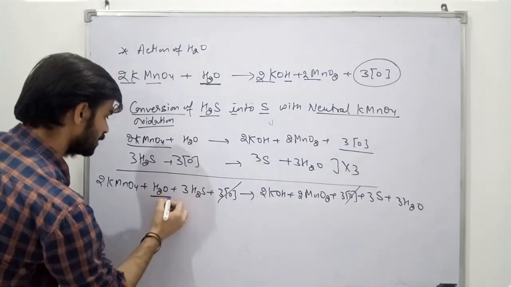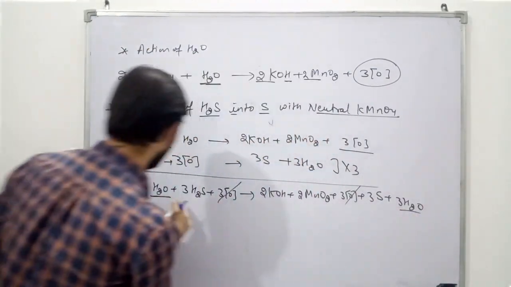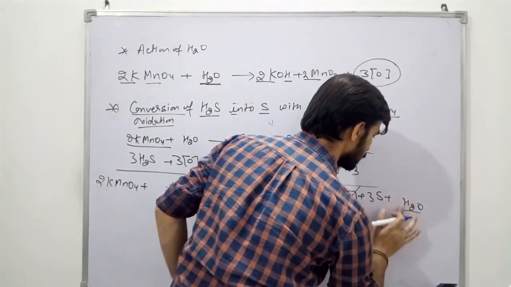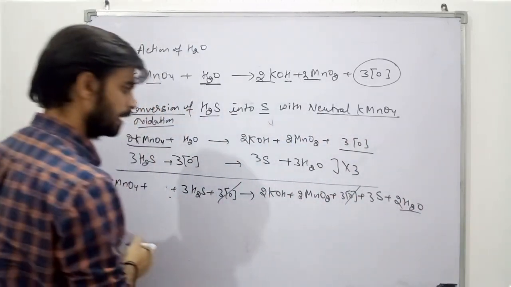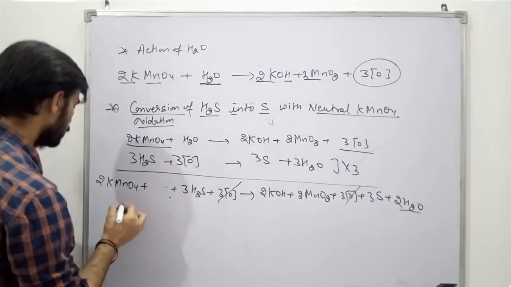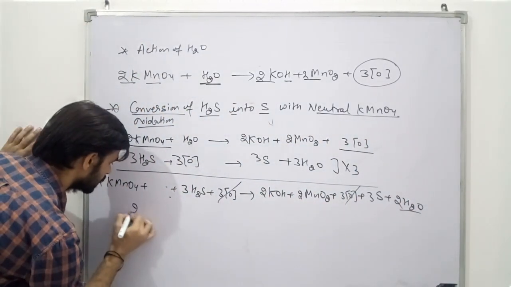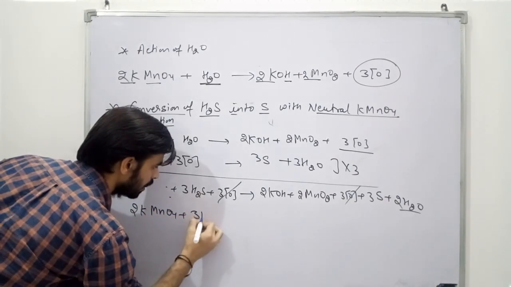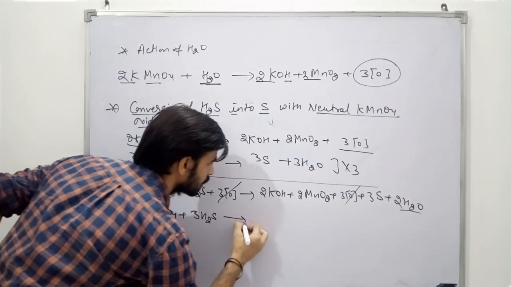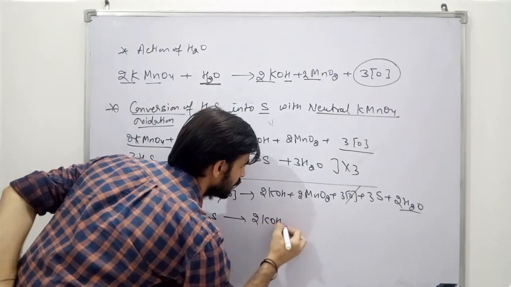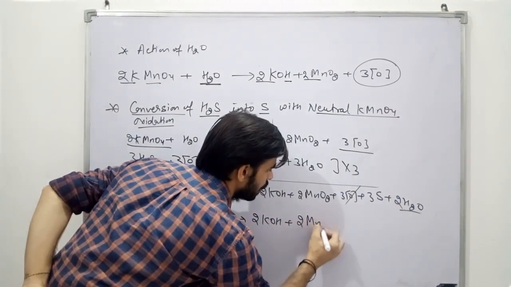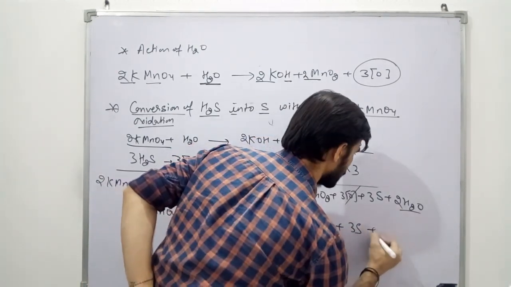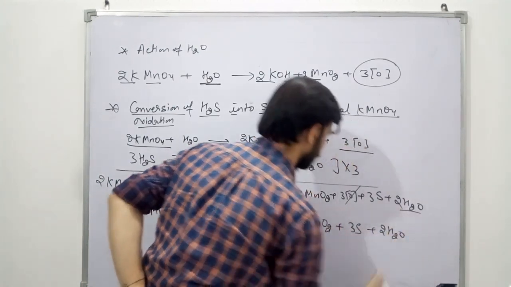We have H2O and 3H2O; the H2O will move to the right side, then convert into twice of H2O. Anything else? No. So our final equation would be twice of KMnO4, 3 times of H2S gives twice of KOH plus twice of MnO2 plus 3 times of sulfur plus twice of H2O.